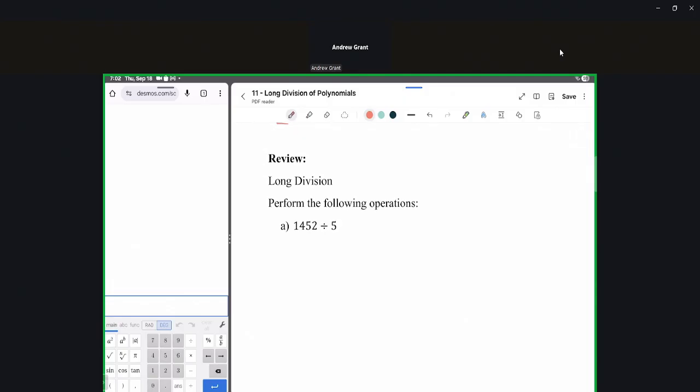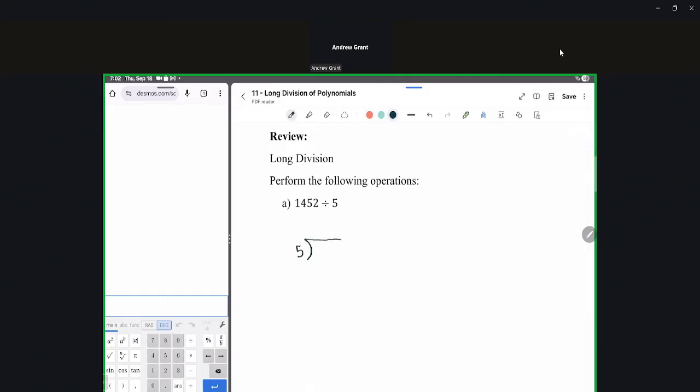And so we're having a look at division, and this is long division. So we have 1,452 divided by 5. We're going to take 5 and try to divide it into 1,452.